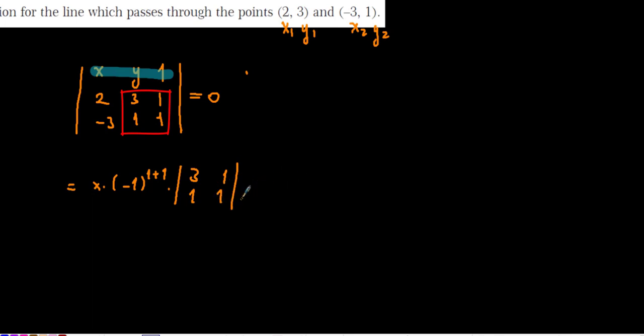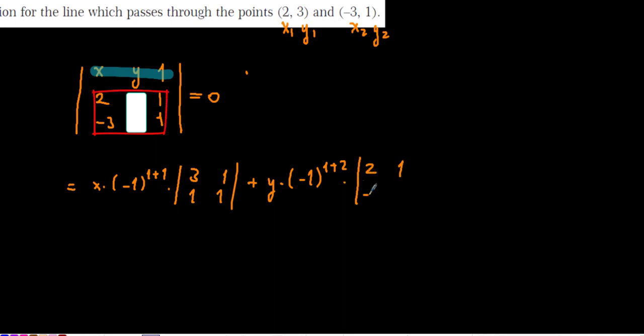Then it's going to be equal to plus y times minus 1 to the power of 1 plus 2, first row of second column, times the minor 2, 1, minus 3, and 1.